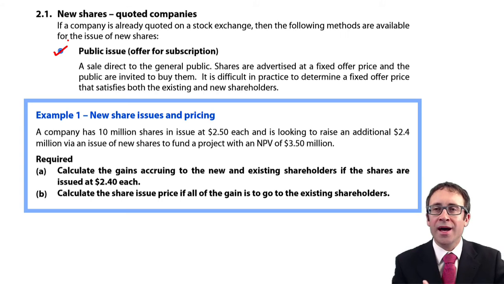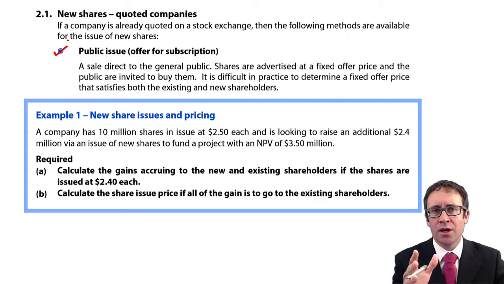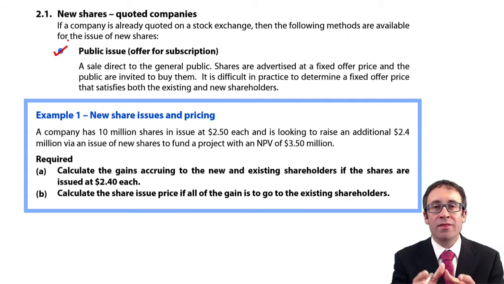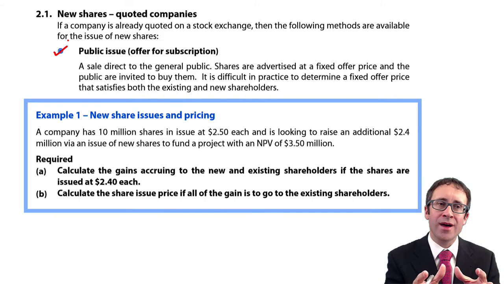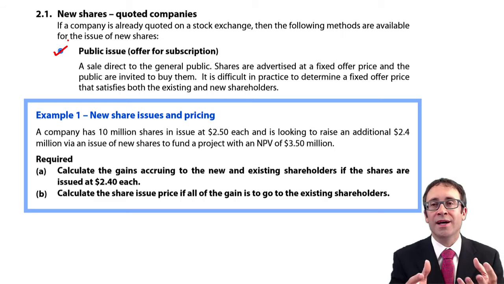But the issue that we have is that the way a public issue of shares works is that you set a price for those shares that the new shareholders are expected to pay. The issue is looking at that share price that we expect the new shareholders to pay, and then comparing that to the current share price that the current shareholders have.